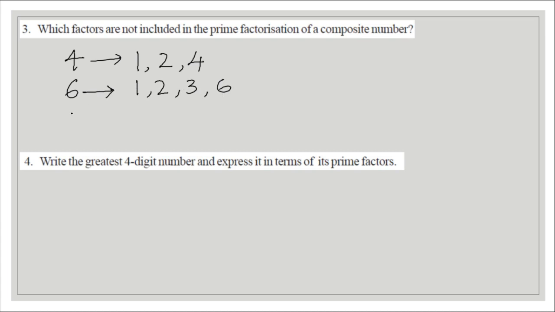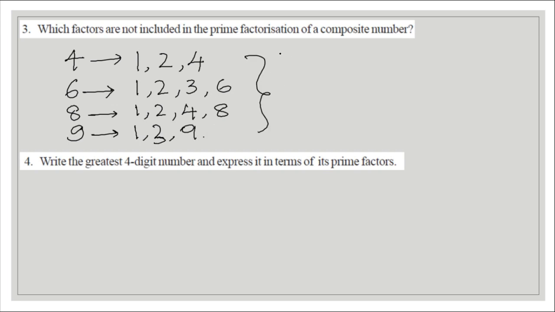The next composite number is 8: 1, 2, 4, 8. The next composite number is 9: 1, 3, 9.